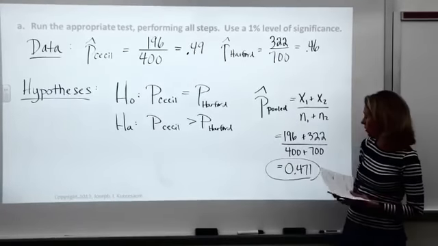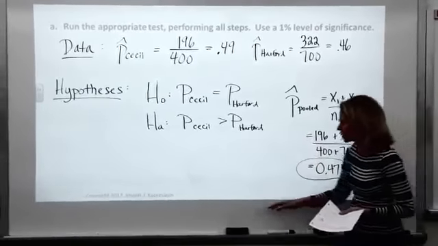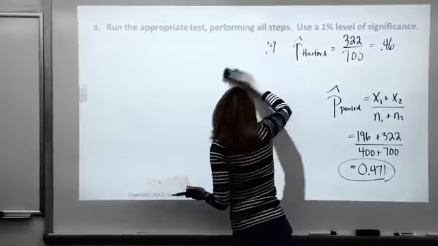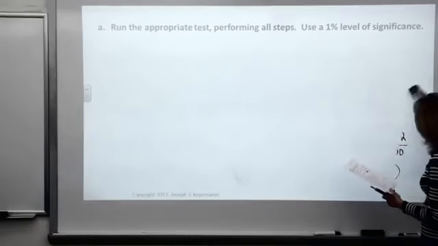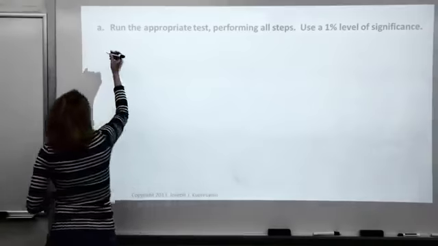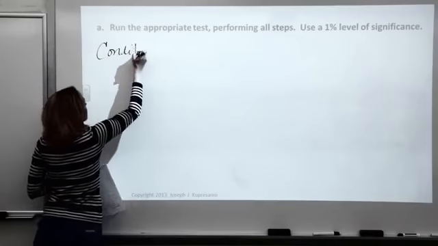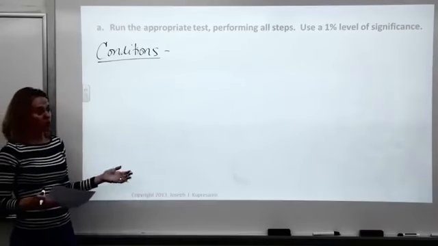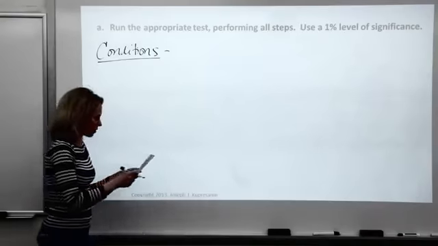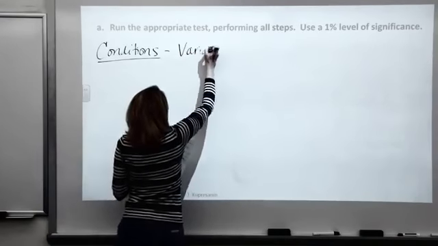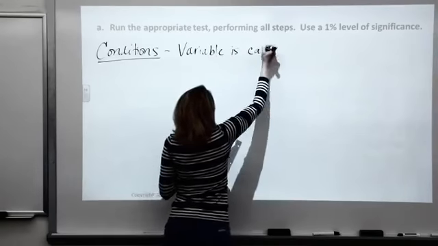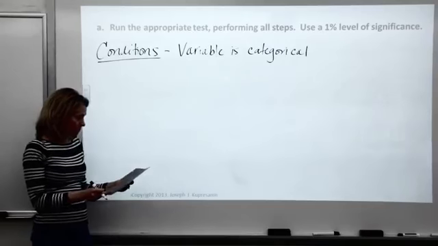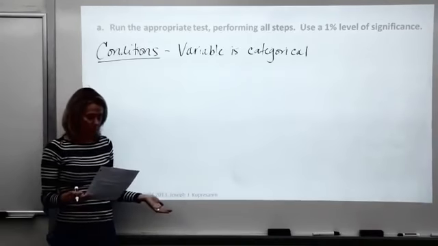Okay, next let's check our conditions. I'm going to erase this, we'll check our conditions, and then we'll get to computing our test statistic. These are the same conditions we've always had when hypothesis testing with proportions. Our variable is categorical: you either have a GPA that's 3.0 or higher or you don't. We're supposed to have a random sample or at least an unbiased sample.